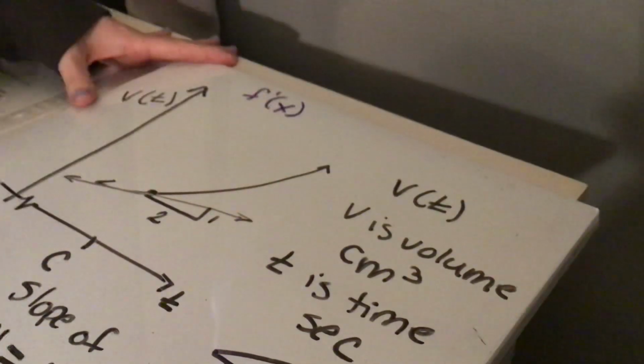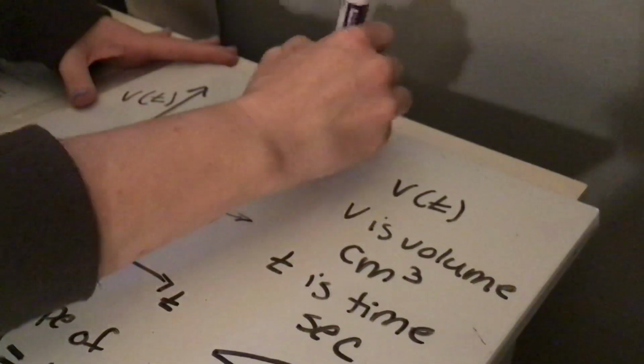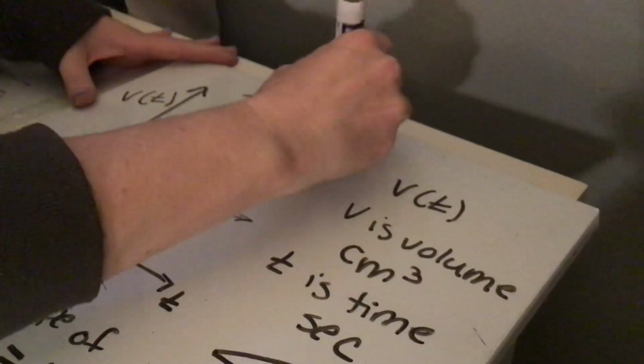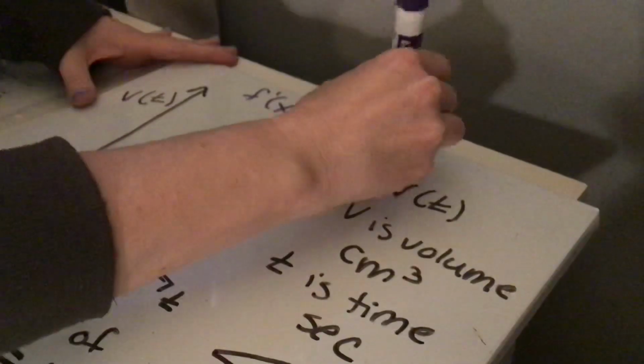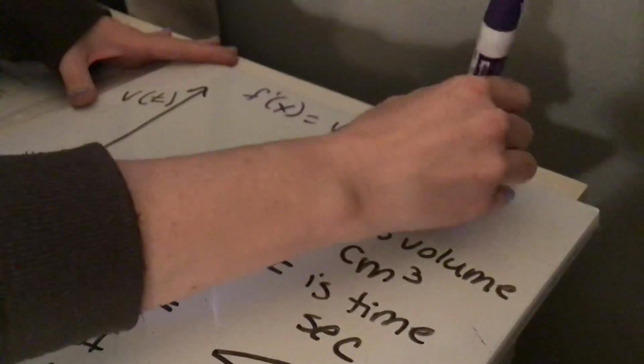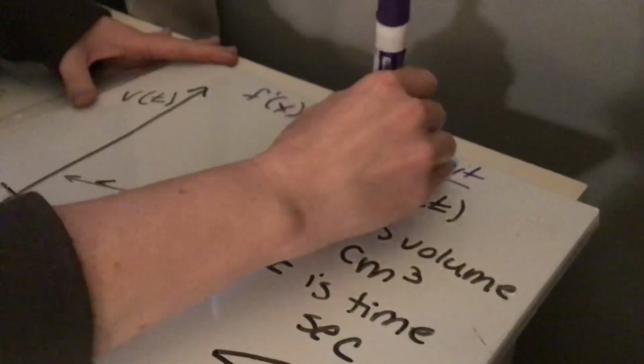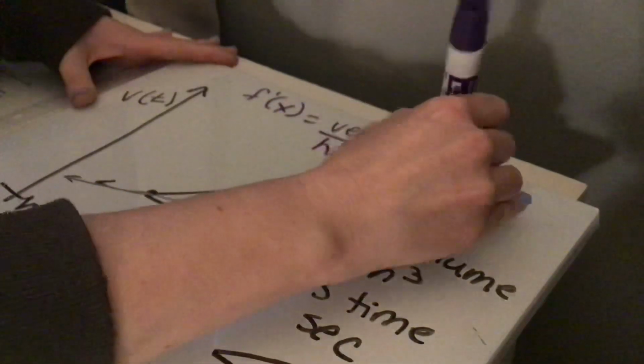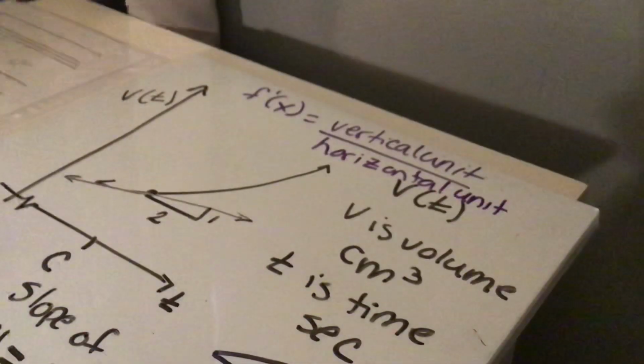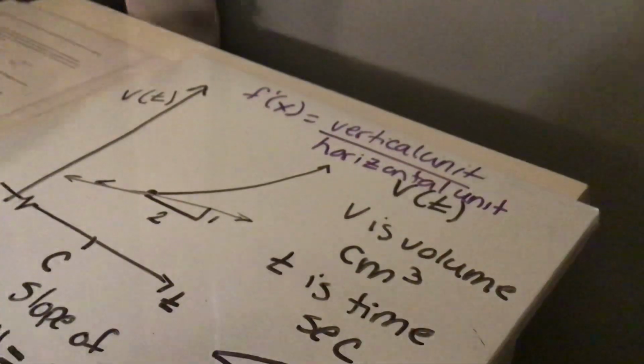The derivative at x has the units of the vertical over the horizontal, because it's always rise over run, because the derivative is the slope. So that's what we're looking at. Still working on this derivative again.